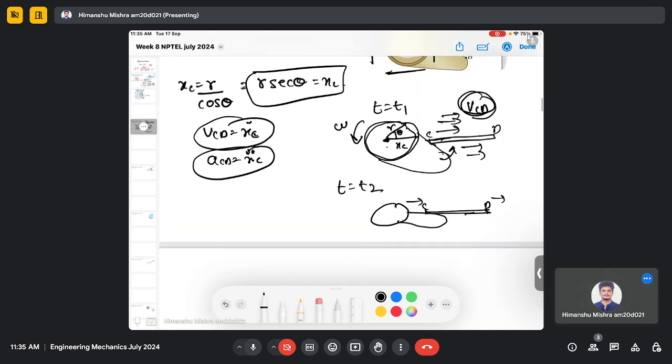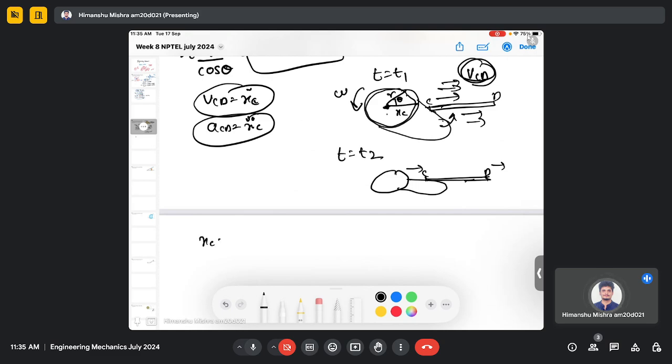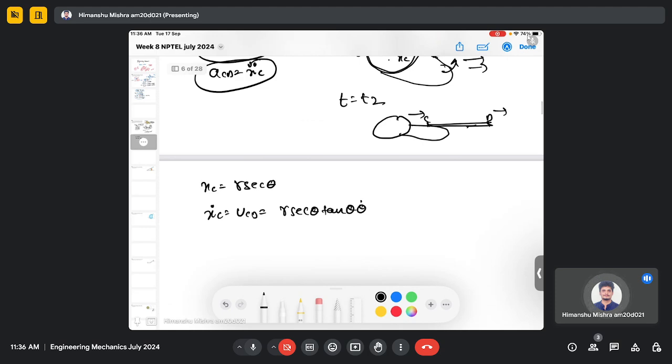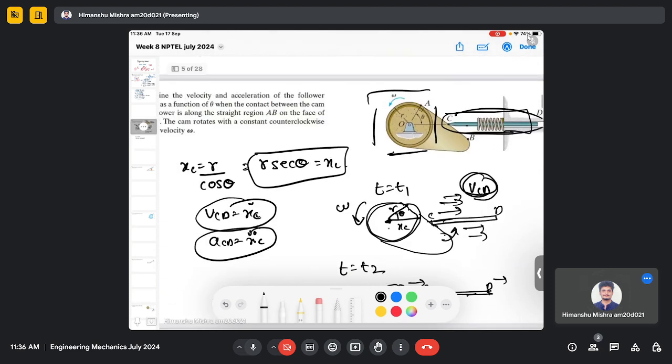So we have x equal to r sec theta. If I differentiate this expression, x dot c, which is VCD, I will get r sec theta tan theta theta dot. So this is the velocity of the bar CD, right? Because x is the horizontal direction.